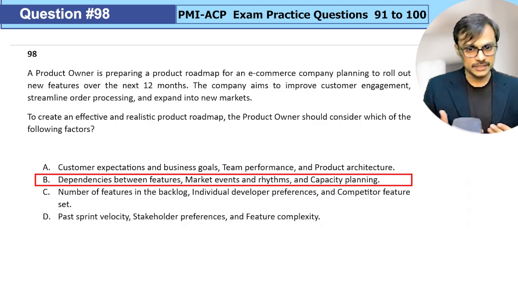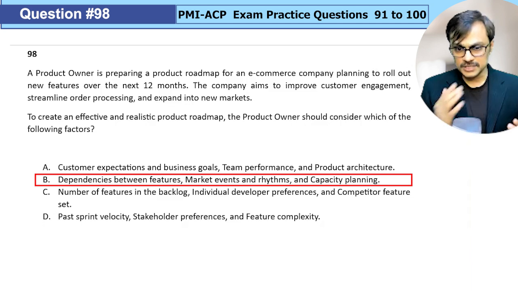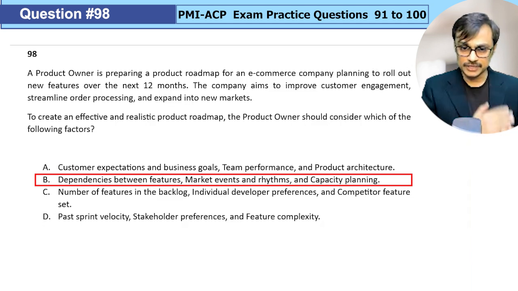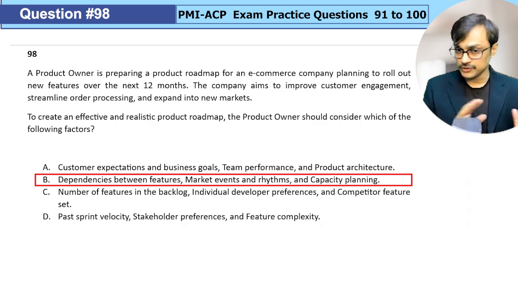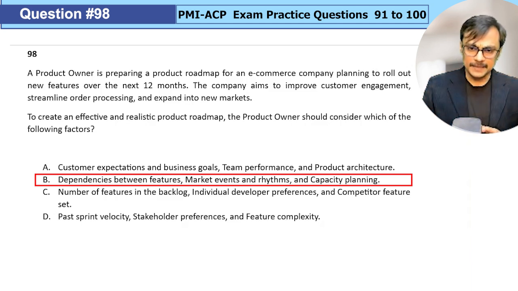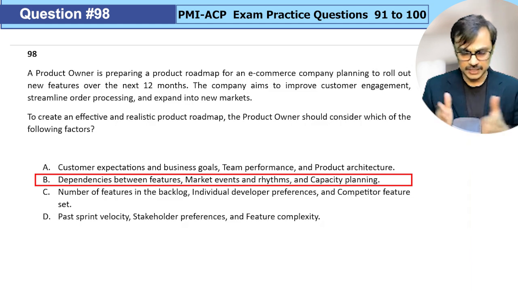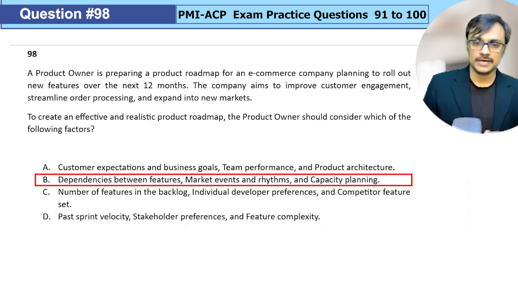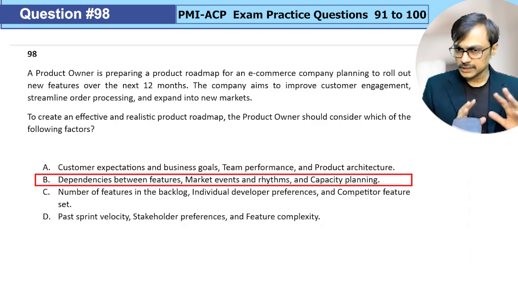Rhythm: is there any time when people are purchasing more from e-commerce, like December, when e-commerce sites are used more frequently? That makes sense when you are focusing on a roadmap. And capacity planning, usually, yes. Even when you don't know which team will work with you, you probably need to think about how much capacity we can deploy to this product so that I can make a roadmap. So B has all the relevant points.